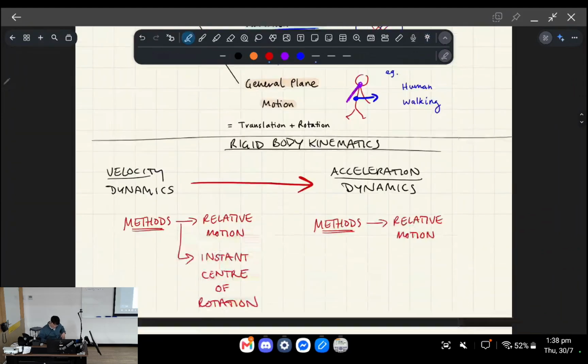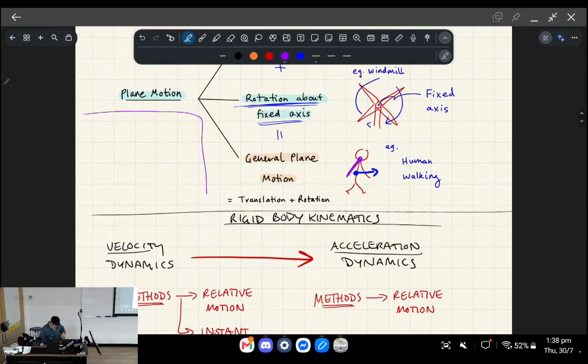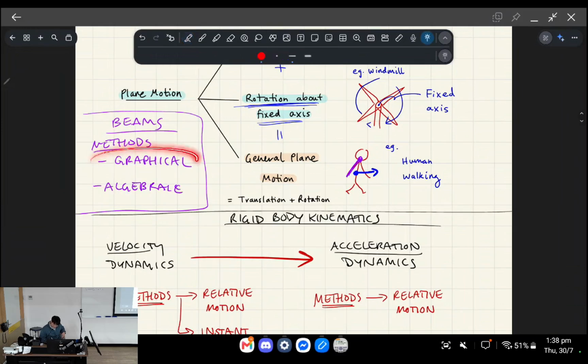I'll give you a quick analogy back to when we were doing beams. When you're solving for the internal forces of a beam, I told you there were two methods we can use. The first one is a graphical method, and the second one is an algebraic method. The graphical method was faster and easier to do, whereas the algebraic method was more thorough, but a little harder to understand at first.